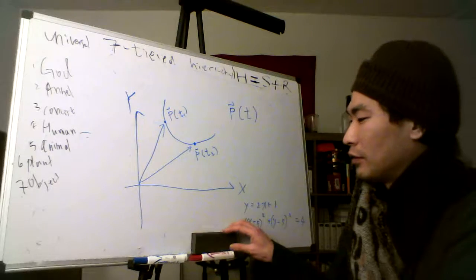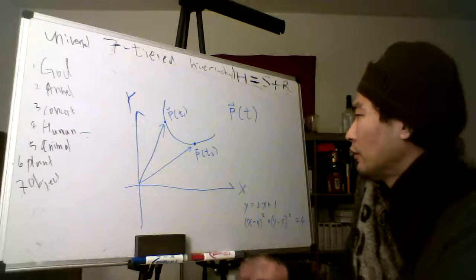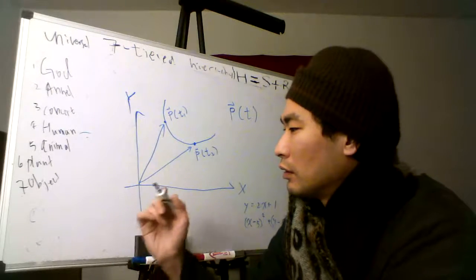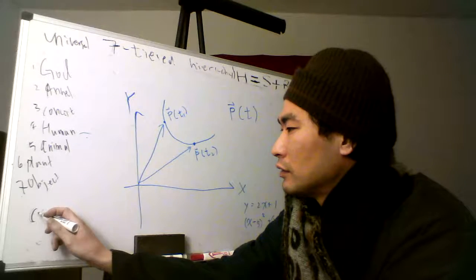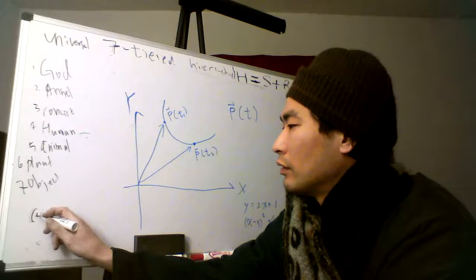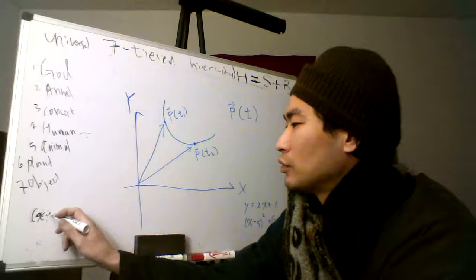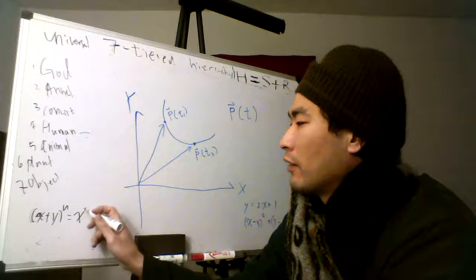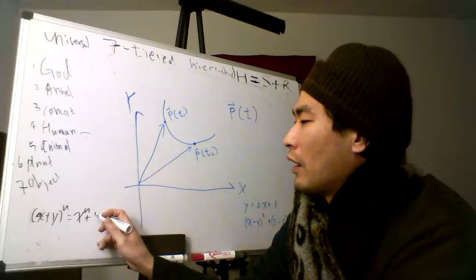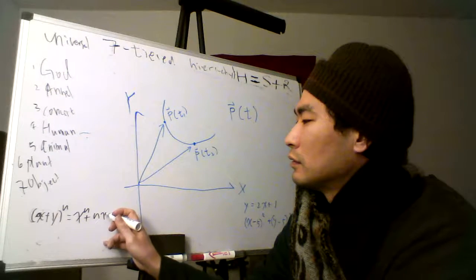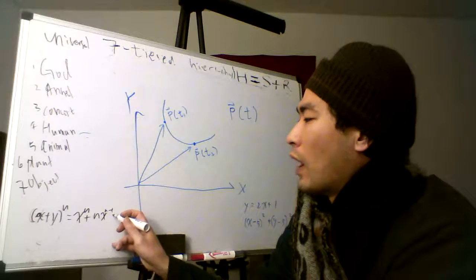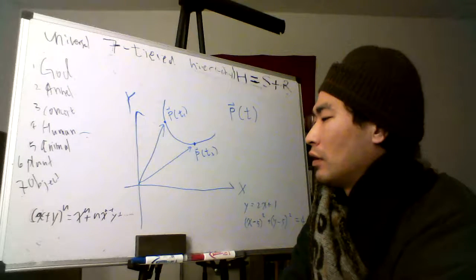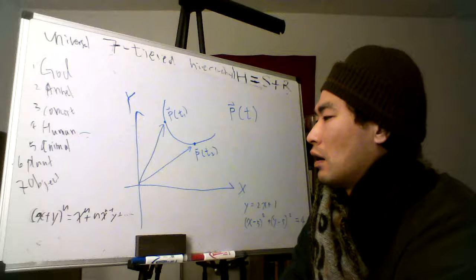Let's jump ahead a little bit. As a side, what is x plus y to the nth? It is x to the nth plus n x to the n minus 1 times y plus and so on.